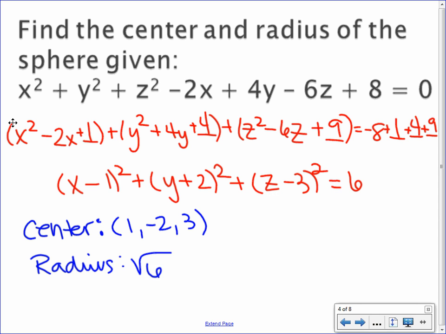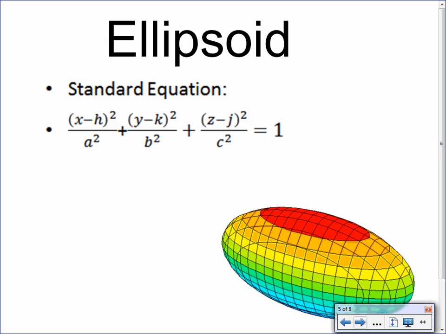Now, I do want to talk about what other shapes we have in 3 dimensions that are made up of our different conic sections. Okay? So the first thing I'm going to talk about is an ellipsoid. Okay? It's like a sphere with... It's a blimp.